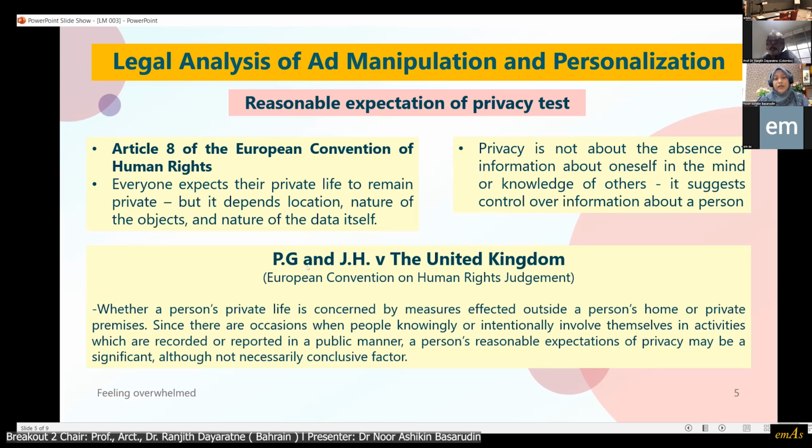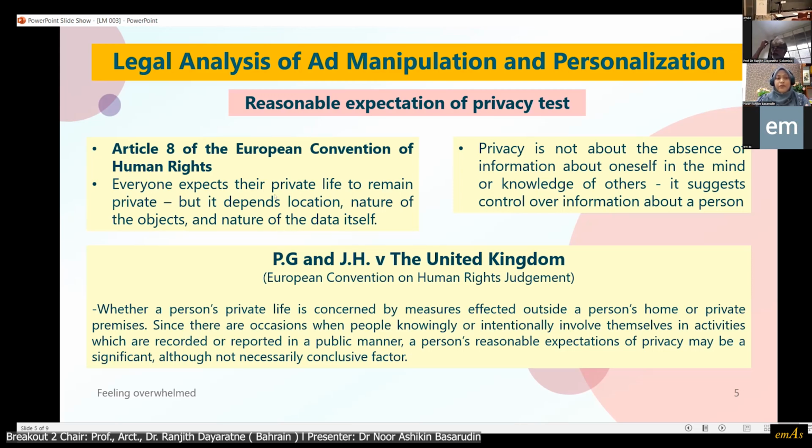In some cases from the court, they negate the idea of having absolute privacy, because the definition of privacy actually depends on the location, the nature of the objects, and the nature of the data itself.